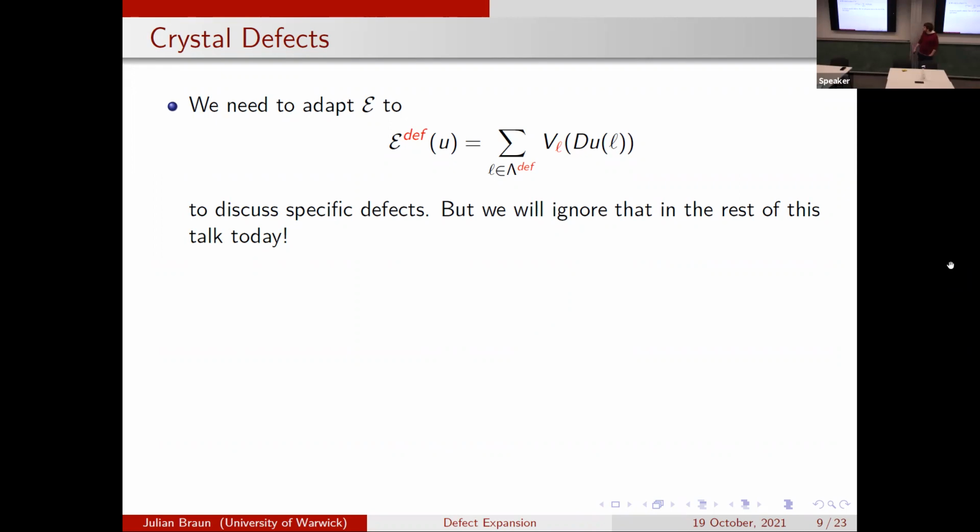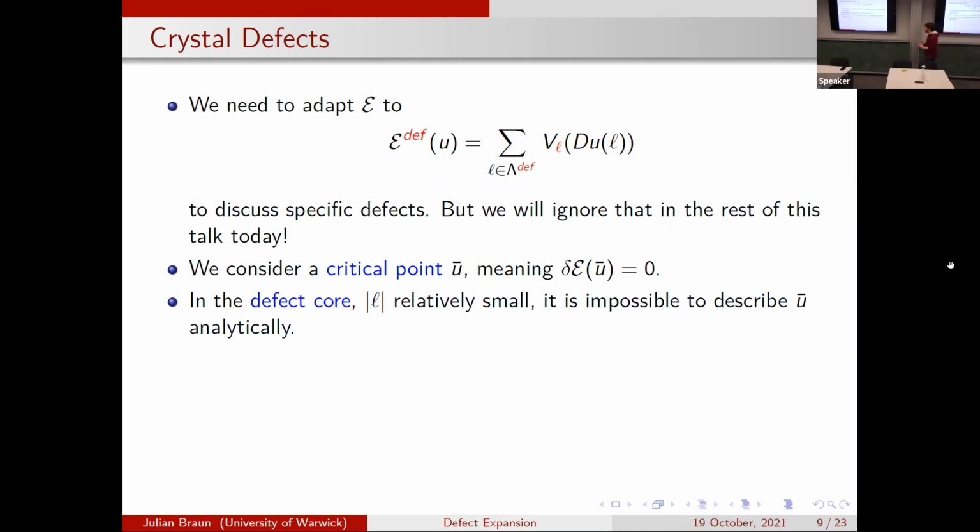I've been ignoring that, but to really include a defect, you have to adapt the energy. And then what you're really looking at is a critical point. Usually a local minimizer, but if you're talking about transition rates, then you might also want to look at the saddle point, which is something we've done in a separate work.